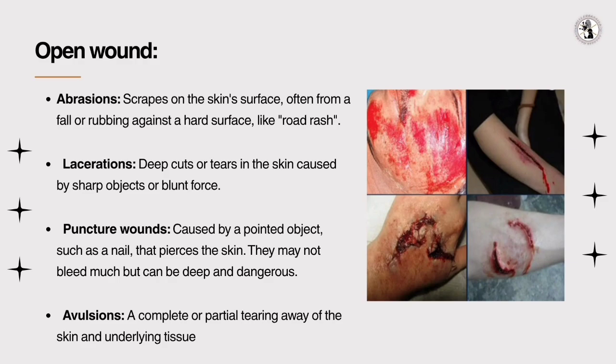Then a puncture wound is basically caused by any pointed object like nails which pierce our skin. It could be bleeding, it could be not bleeding, but it is very dangerous as the cut is very deep. Then avulsion is a complete or partial tearing away of the skin and the underlying tissues as well.